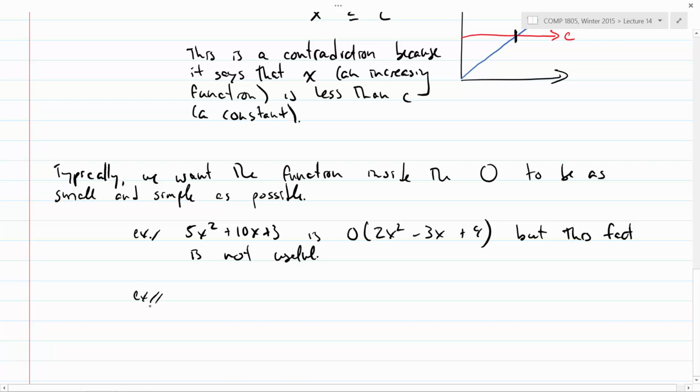The other example would be, it's true that 5x squared plus 10x plus 3 is big O of x cubed. That is a perfectly correct statement, but typically you don't want to write that. If I asked you for some kind of big O bound, I would be expecting the answer x squared.